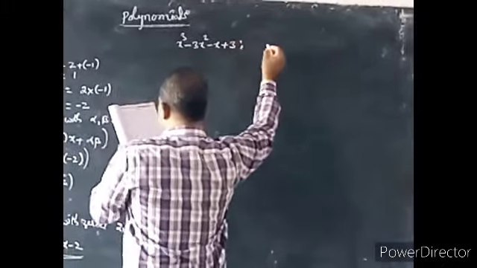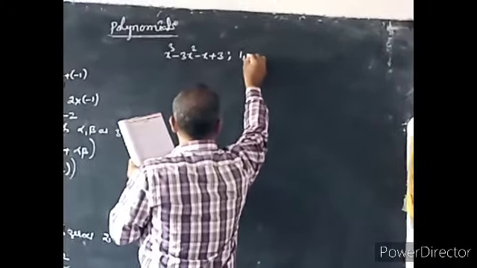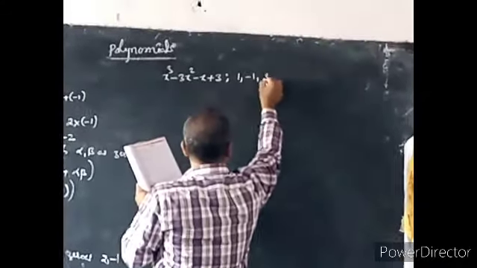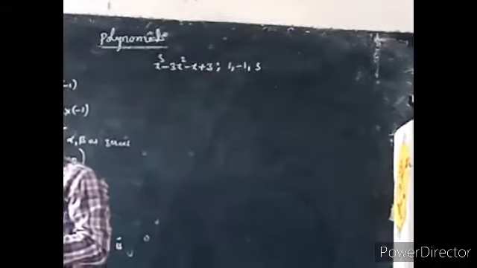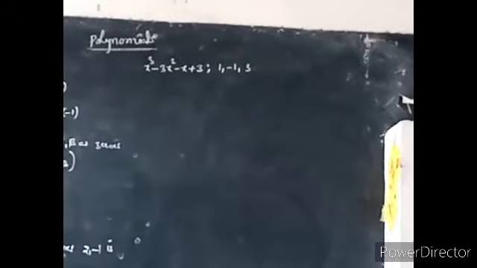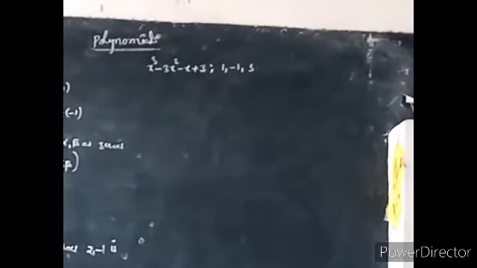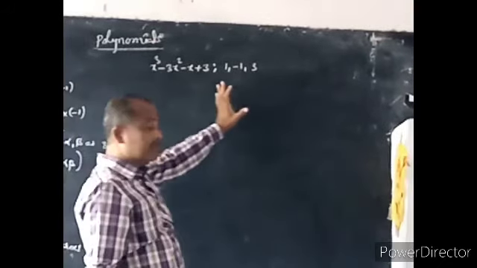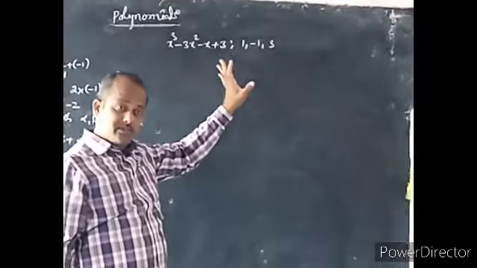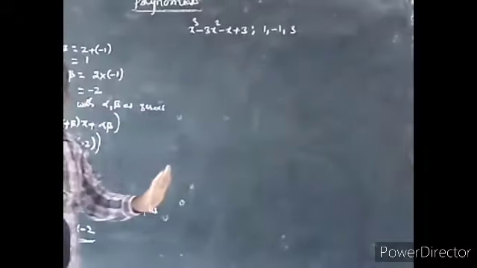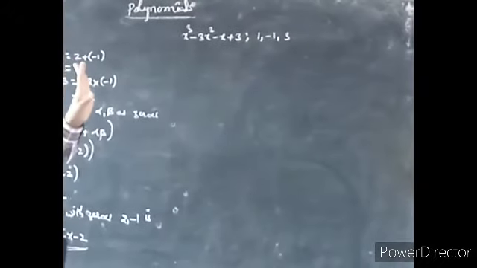These zeros are what? 1, minus 1 and 3. Now we have to check the relation between these, whether they are zeros or not. If they are zeros, check the relation.